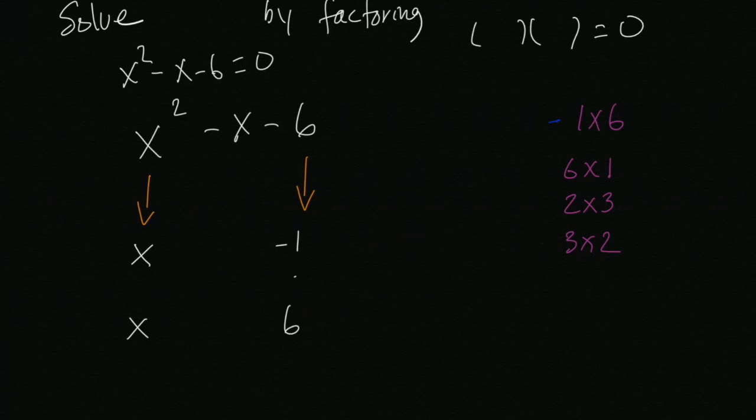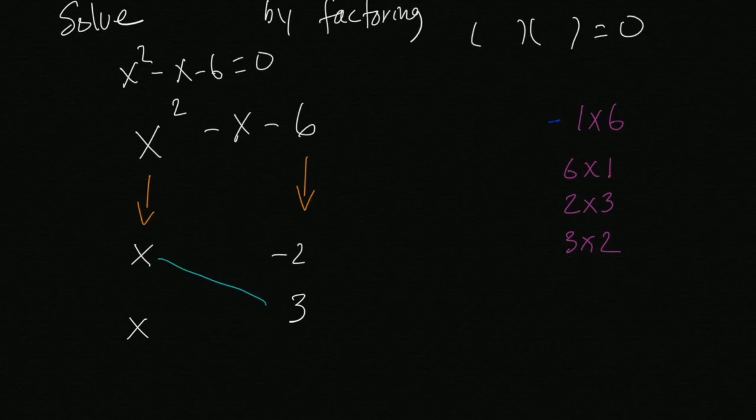So now, instead of using the negative 1 and 6, I'm going to use the 2 and 3. So I will have negative 2 and positive 3. Again, negative 2 times 3 is negative 6. We didn't change the outside, so that's fine. And then again, I cross.